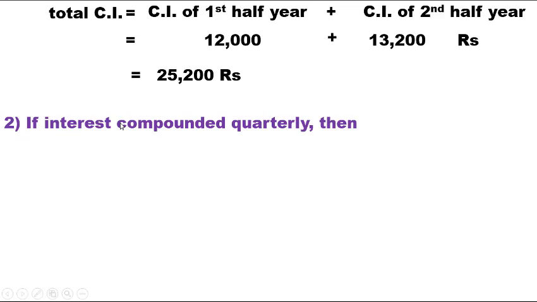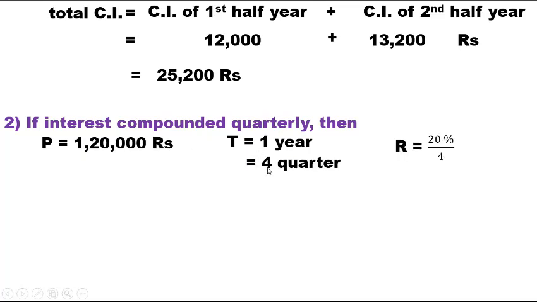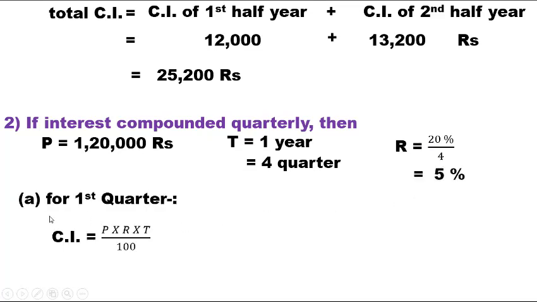Second, if the interest is compounded quarterly, then P is equal to 1,20,000 rupees, T is equal to 1 year is equal to 4 quarters, R is equal to 20% divided by 4 is equal to 5%. For the first quarter, CI is equal to P into R into T divided by 100 is equal to 1,20,000 into 5 into 1 divided by 100 is equal to 6,000 rupees.